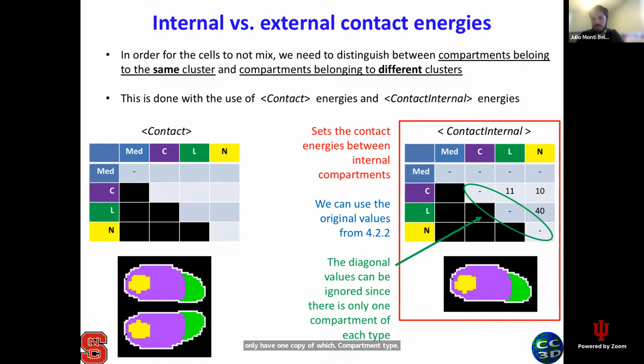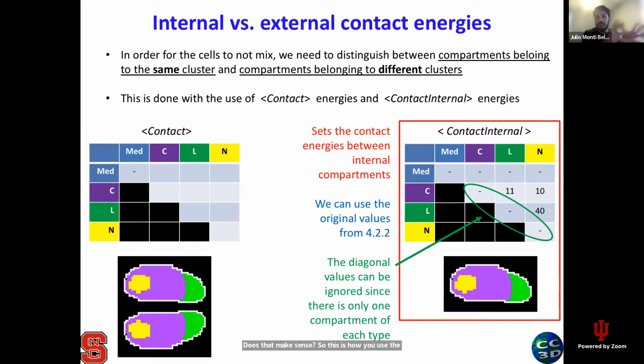In some models, you may want to actually have multiple. Maybe you want to use a model with 2 nuclei, right? Then in this case, you have to set the internal contact energy between 2 nuclei that belong to the same cluster, okay? Or if you have similar situations, then you have to set these contact energies. But in the case of a crawling cell, you're going to keep things simple, and you only have one copy of each cell type inside. Does that make sense? So this is how you use the internal contact energies.